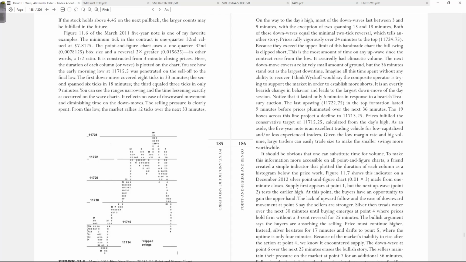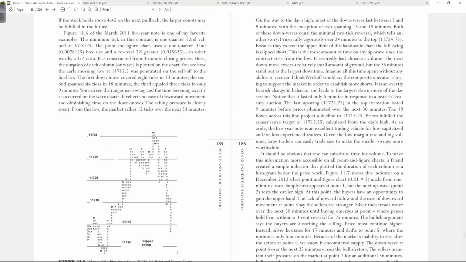The point and figure chart uses a 1/2 of 1/32, or 0.0078125, box size and a reversal of 2 boxes, or 0.015625. In other words, a 1:2 ratio. It is constructed from 3-minute closing prices.